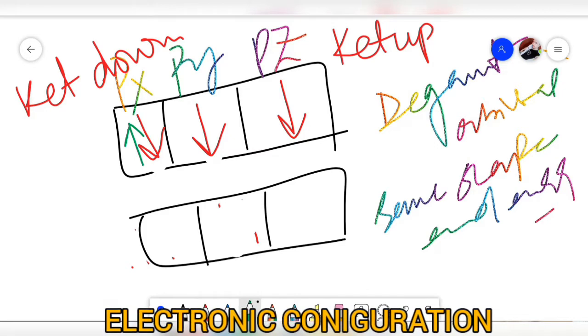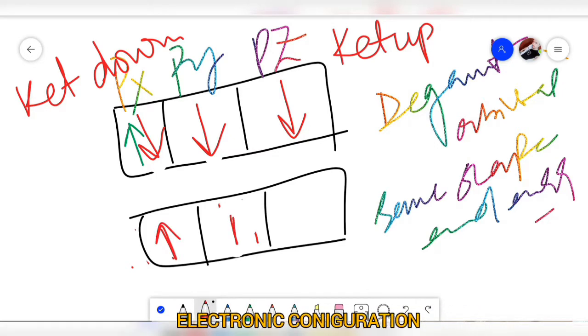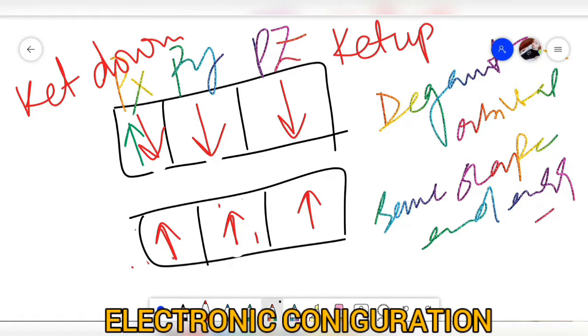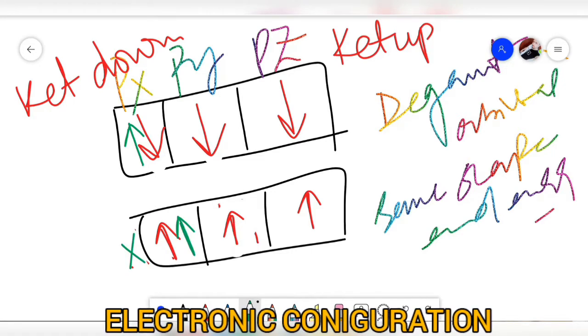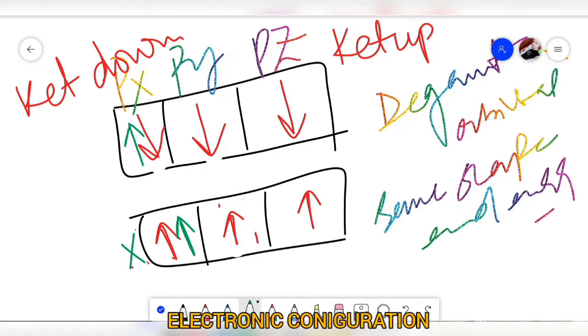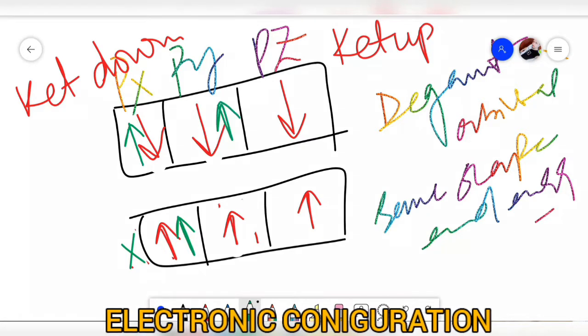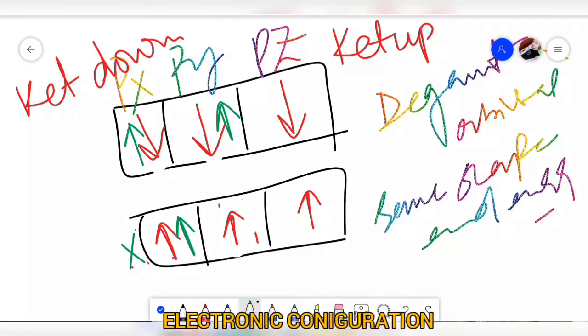If you are showing the 4th electron, 3 electrons are up, okay, and you are showing the 4th one also up, then you are wrong. Right? So we have an up and down and down and up.